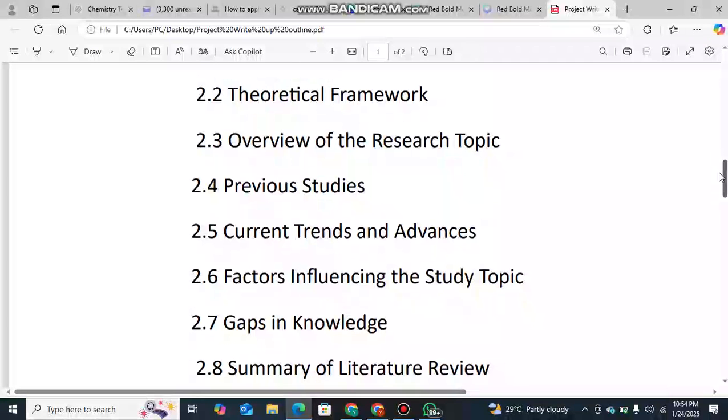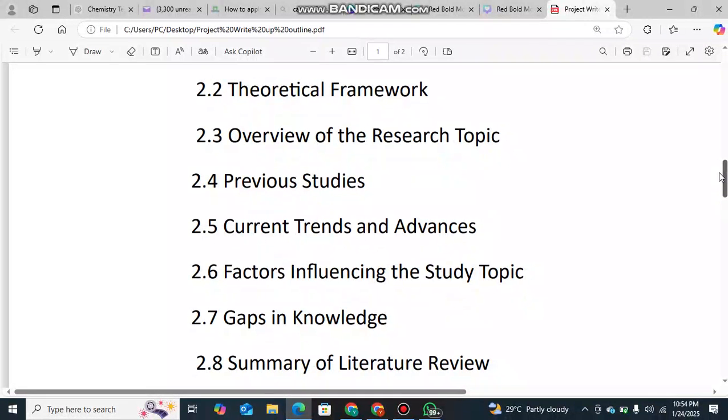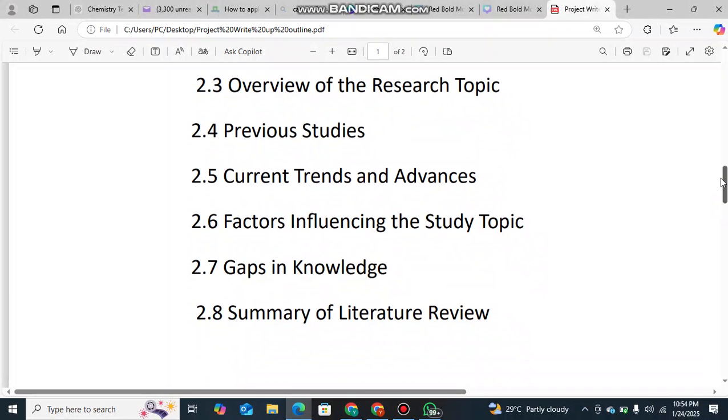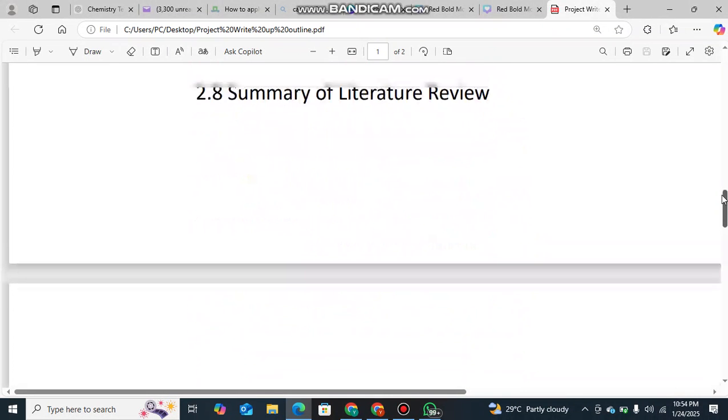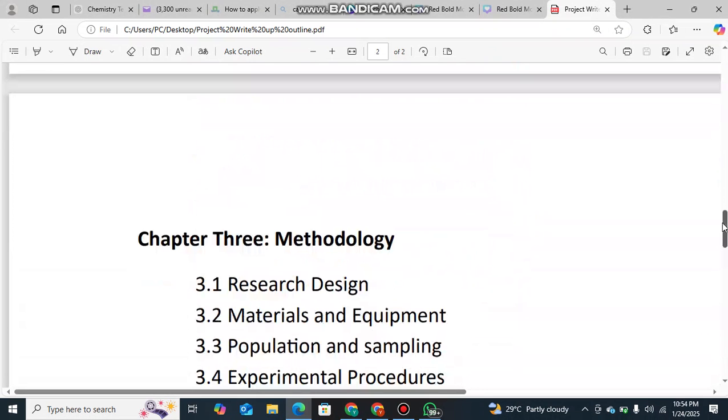All right, then 2.6 is factors influencing the study topic.